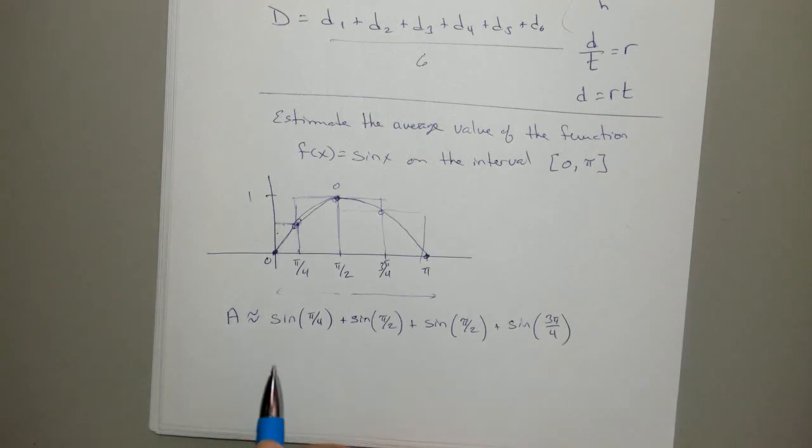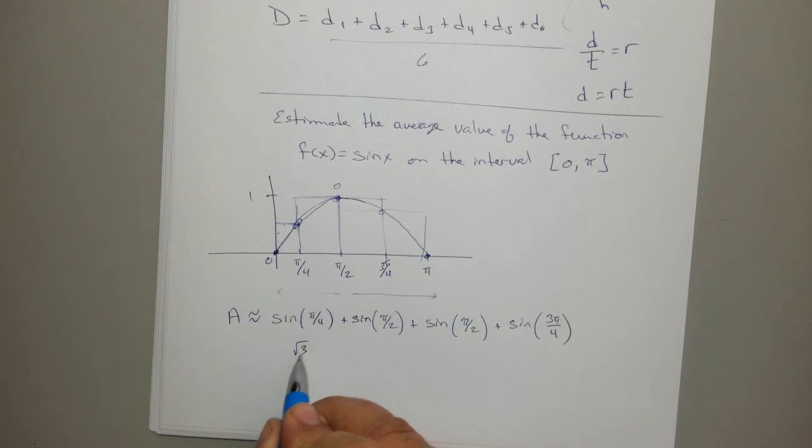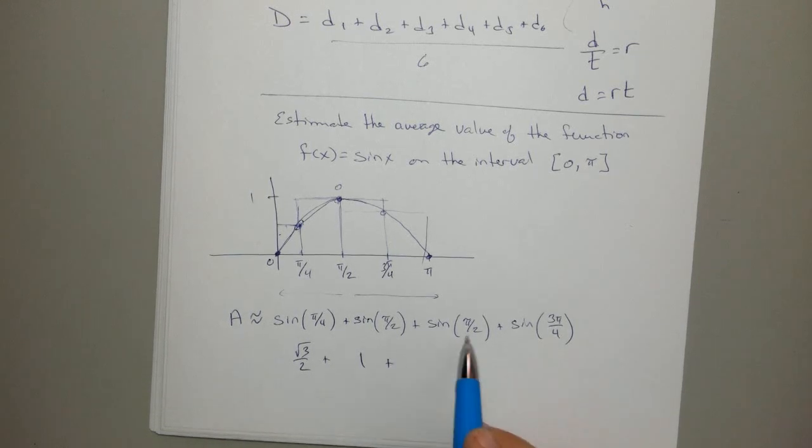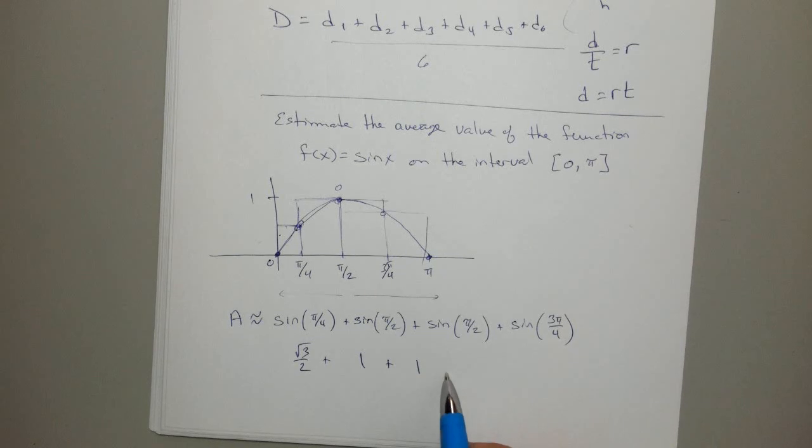So what's sine of pi over 4? Sine pi over 4 is? Square root 2 over 2. Sine of pi over 2? 1.